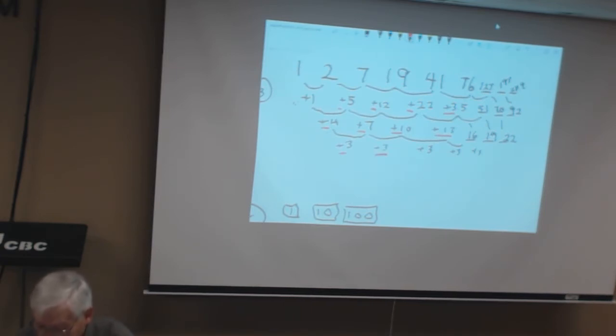By adding 3. From 10 to 13? By adding 3. So now I know the pattern for this row. Add 3 to 13 and I get 16. Add 3 to 16 and I get 19. Add 3 to 19 and I get 22. Everybody follow what I'm doing?